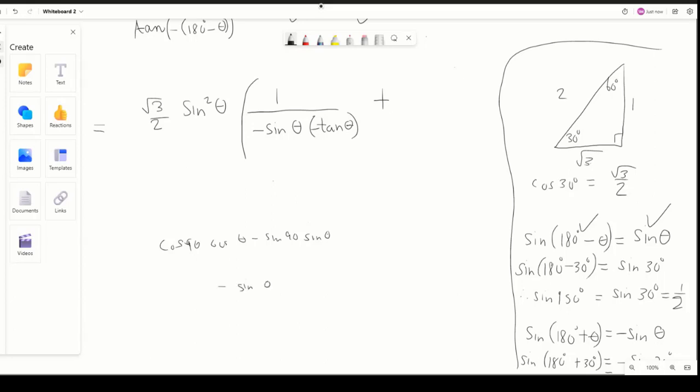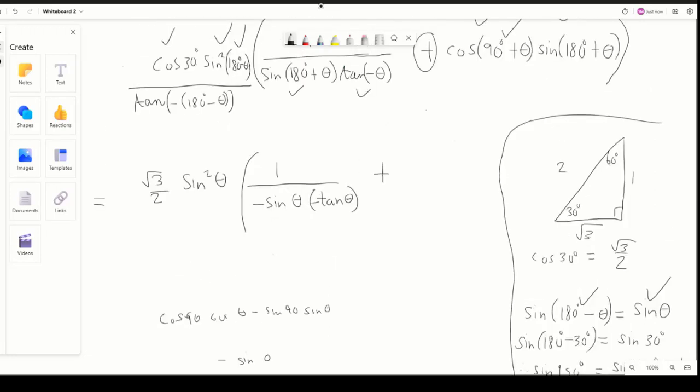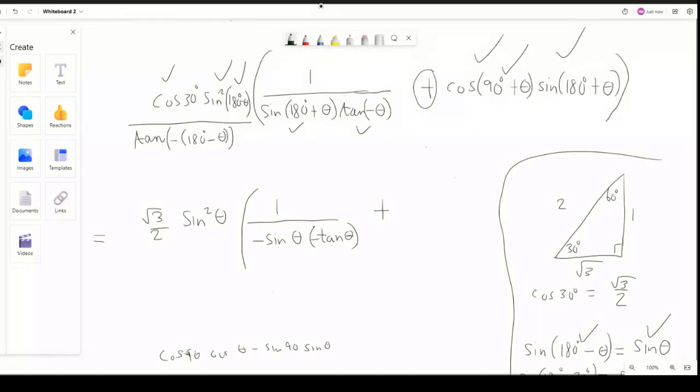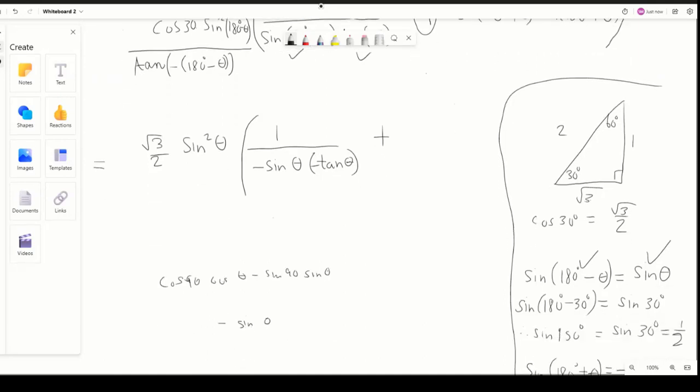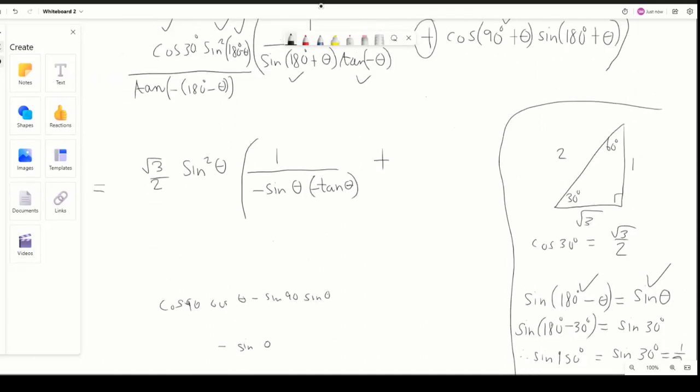Minus sine theta. Is that what you're saying? Yes, sir. Good. Okay. People listen. The cos of 90 plus theta is negative sine theta. Okay? It's negative sine theta.